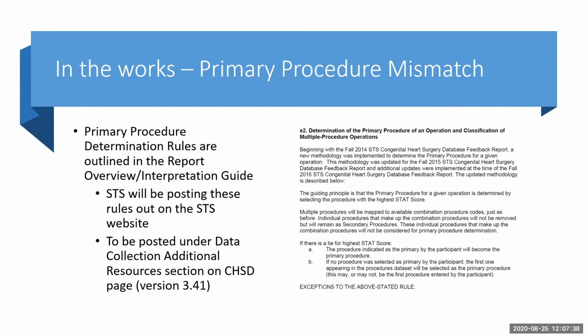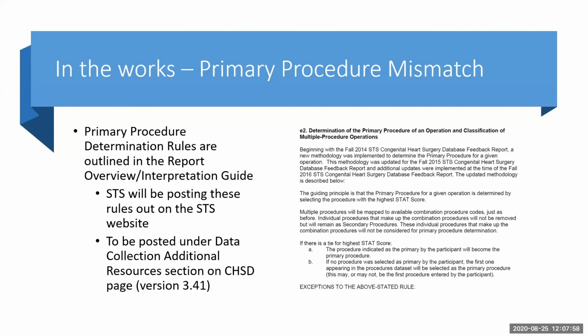We realize that the overview and interpretation guide is a very large document. I believe it's up to a little over 100 pages. So to help our data managers, we are pulling the primary procedure rules out, and I will be posting that information on the STS website.